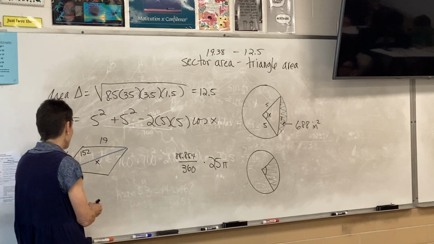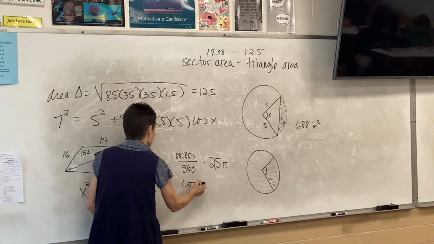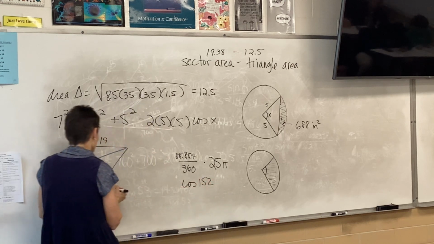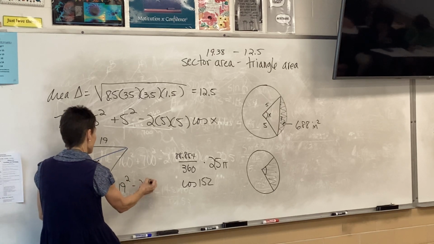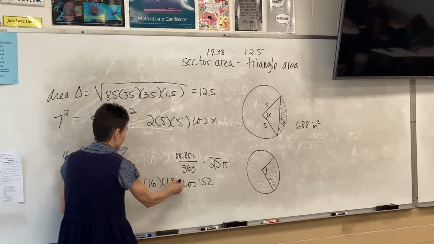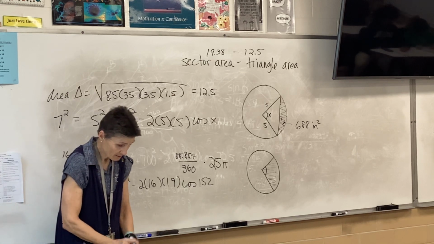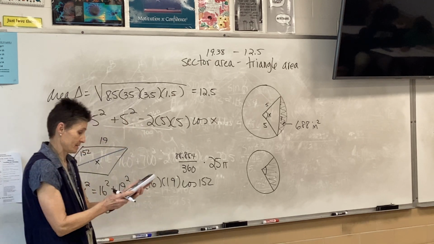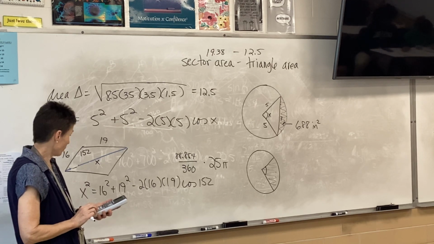So here we go. X squared equals 16 squared plus 19 squared minus 2 times 16 times 19 cosine 152. Type it in, square root it, and that is going to be our longer diagonal.